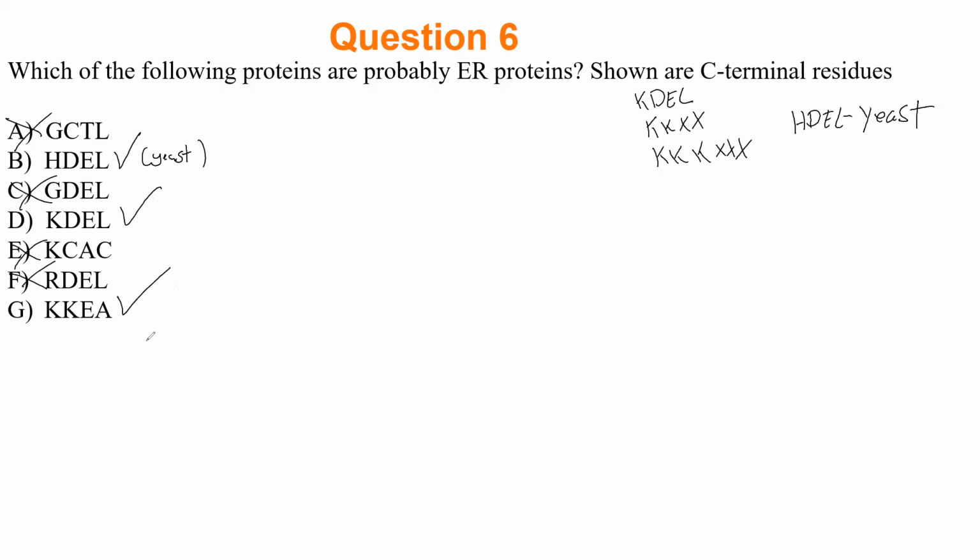So any questions about our transport systems here, our ER proteins, or anything up to this point of class? KCAC is wrong because it's not any of these, right?